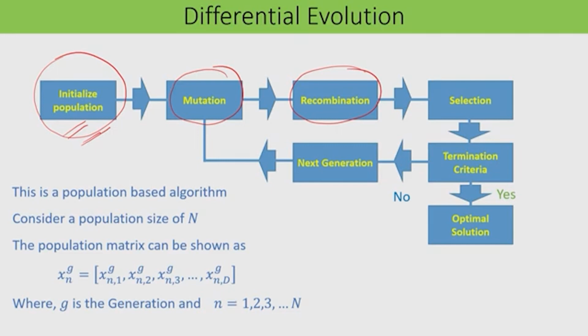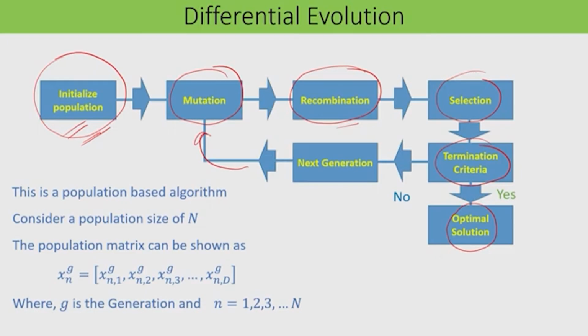With recombination we create a new solution, and after that we apply the selection operator. The selection operator is basically used to select the best one, and then we check the termination criteria. If it is satisfied, then we declare that this is the solution, otherwise this process will continue. We go to the next generation, and the process continues until we reach the termination criteria. So, this is the algorithm.